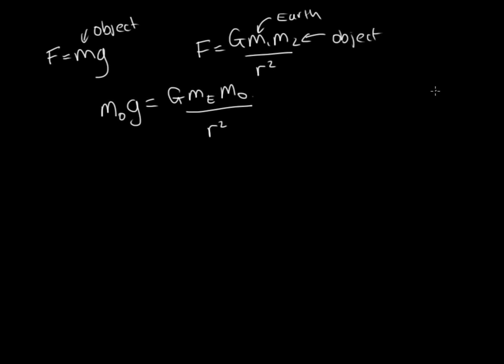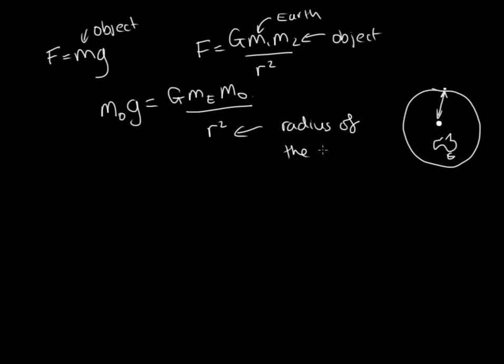We can imagine that all the mass of the Earth is concentrated at the very centre of the Earth, and here's our object being dropped just above the surface of the Earth. So the distance between the centre of the Earth and where we're dropping the object from is just the radius of the Earth.